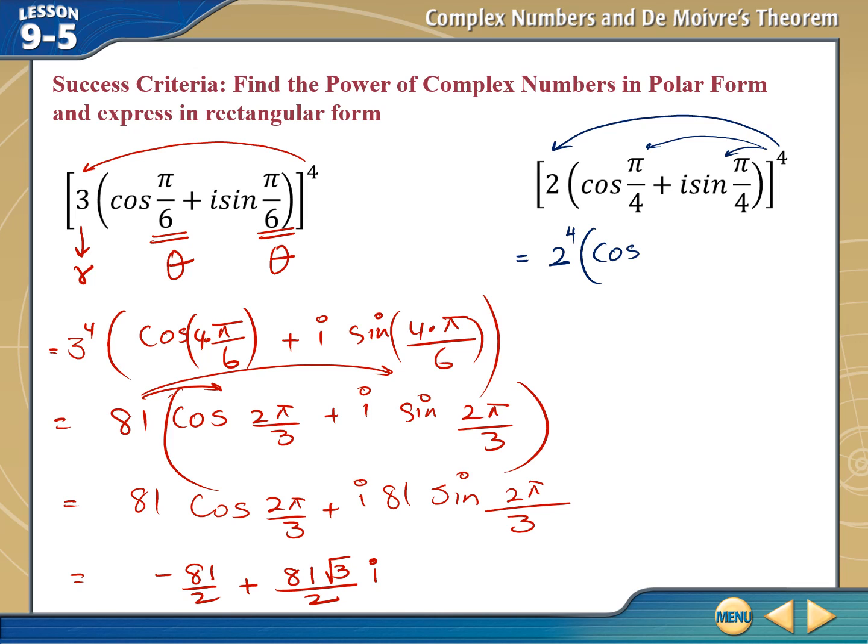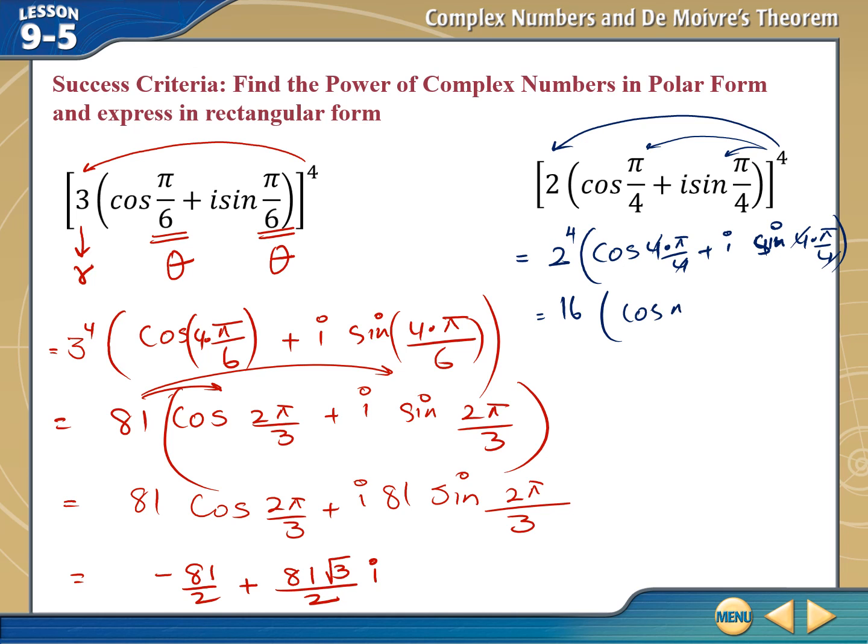So you will get cos 4 times pi by 4 plus iota sine 4 times pi over 4. Now you will get 2 to the power 4, you will get 16. And these 4s cancel out.